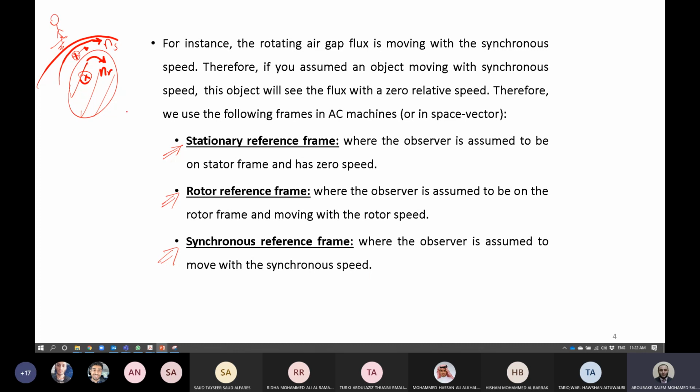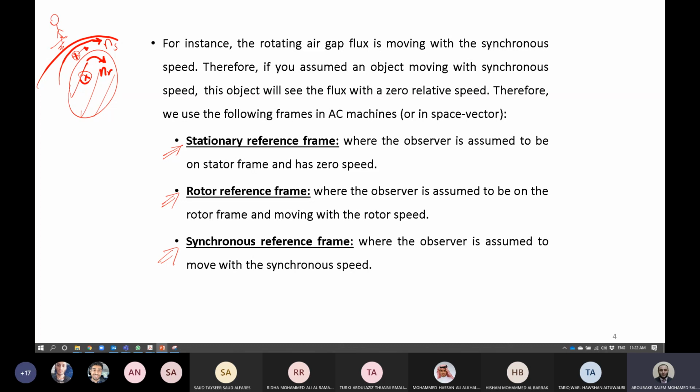So if now we have observer يا شباب moving with synchronous speed, what will be the observed speed for rotor? Would be minus. Minus, exactly, very good.